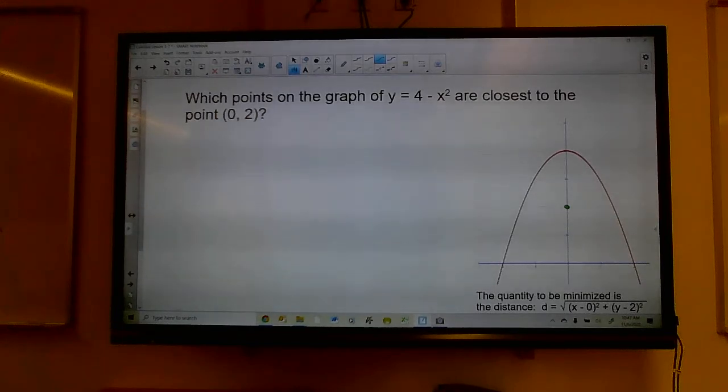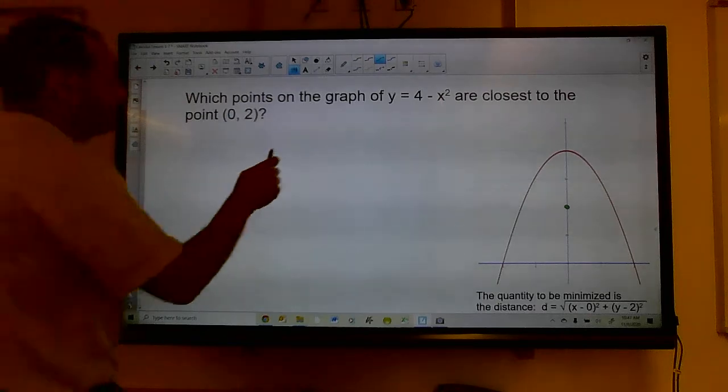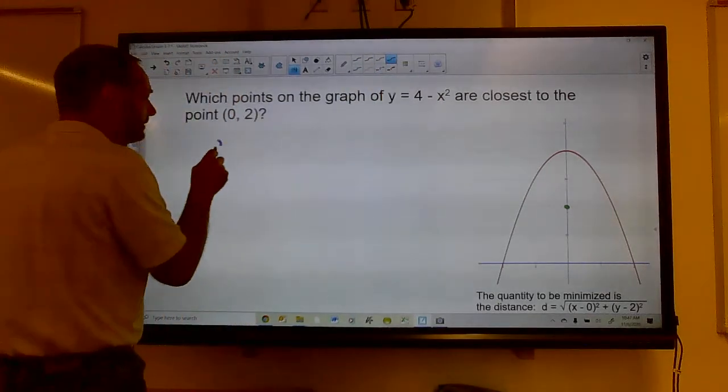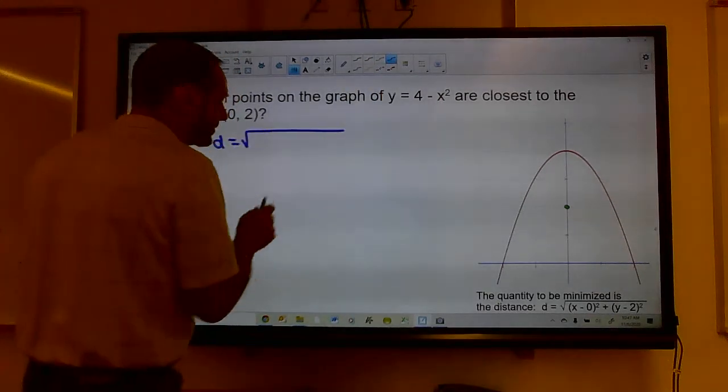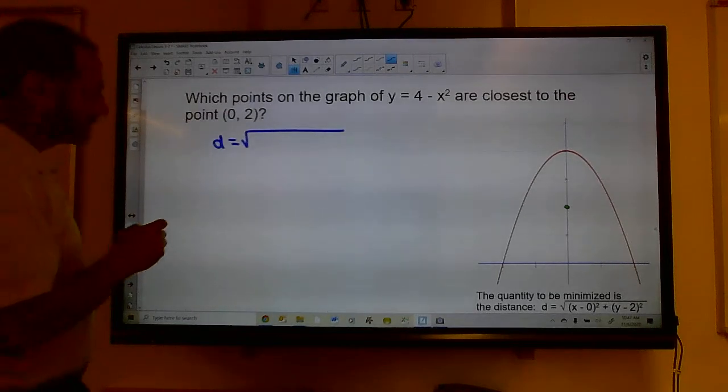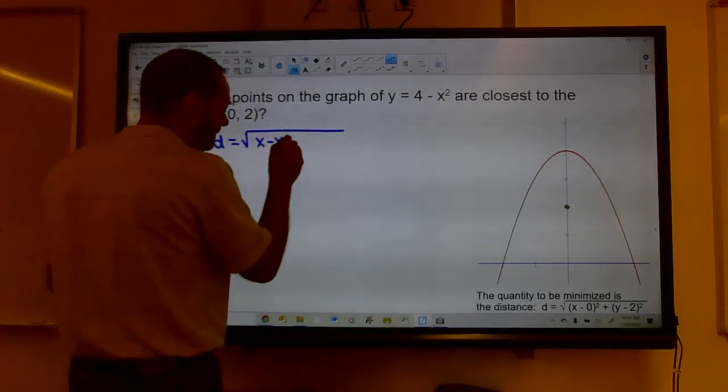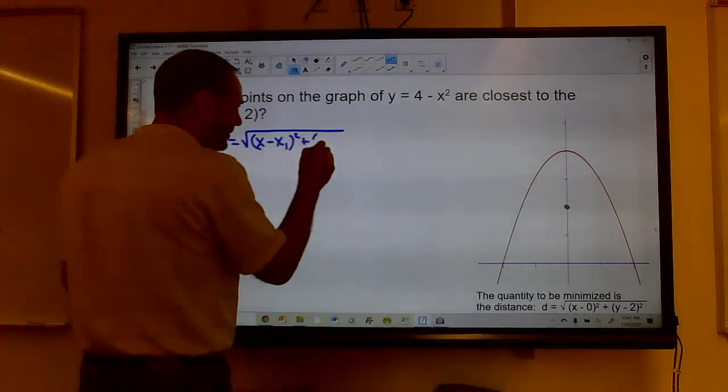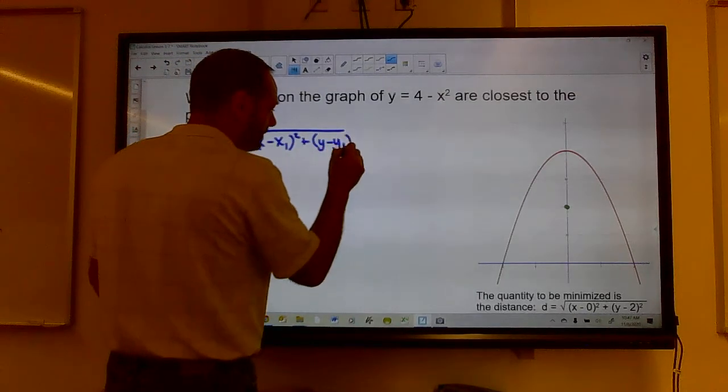Okay, since we're talking distance, we're going to use the distance formula. So let's write that down. Distance is the square root of (x minus x1) squared plus (y minus y1) squared.